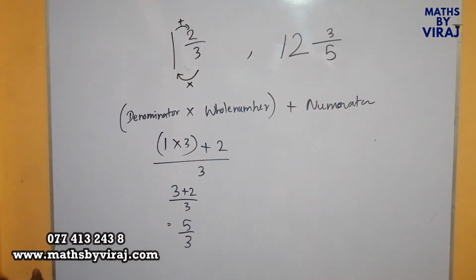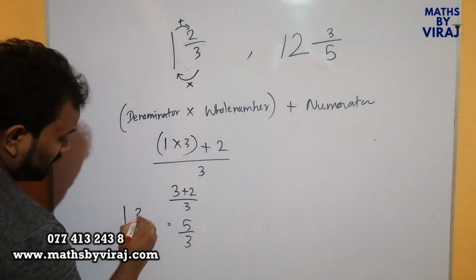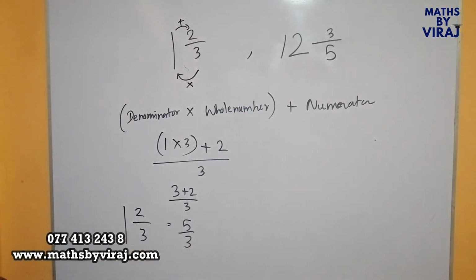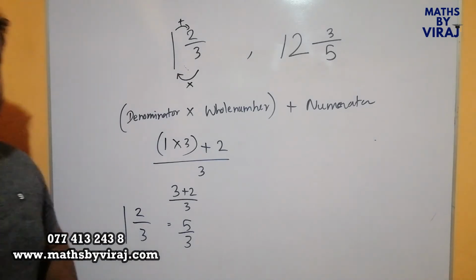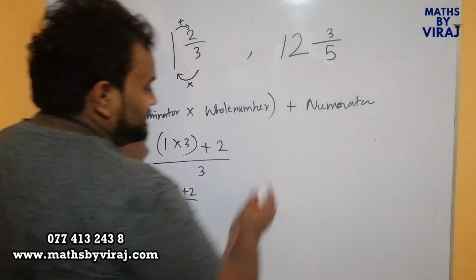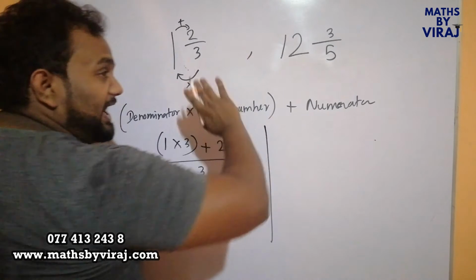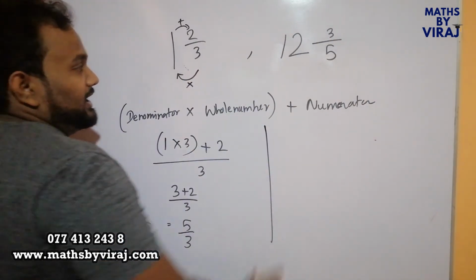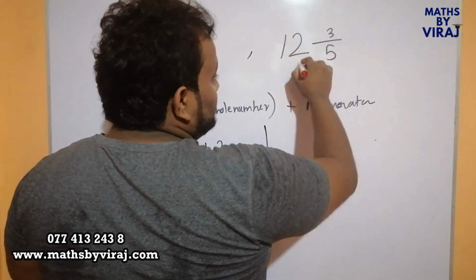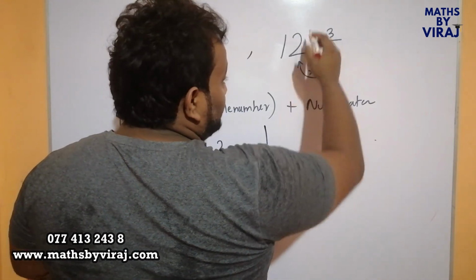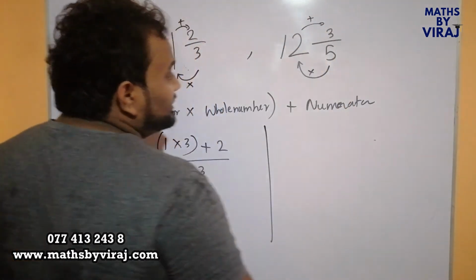So the mixed fraction 1 and 2 over 3 can now be written as an improper fraction, which is 5 over 3. Similarly, children, the same can be applied for any mixed fraction that you have got. Here again, 5 is to be multiplied with 12, and to that particular answer you add 3.